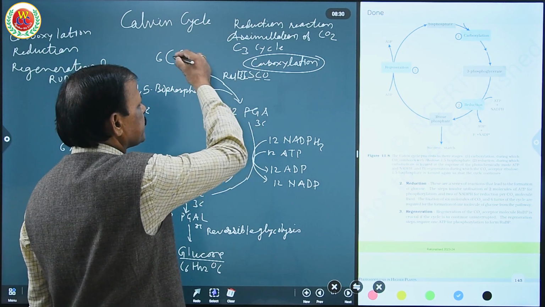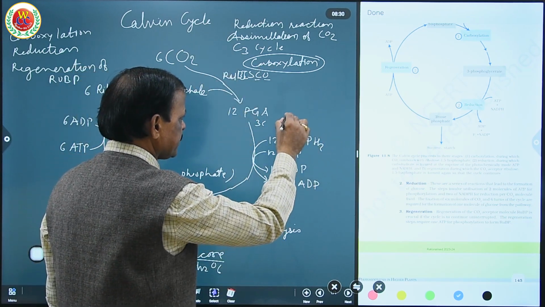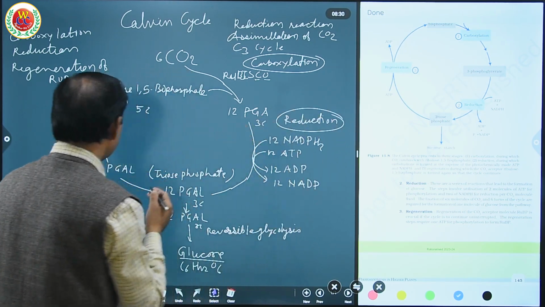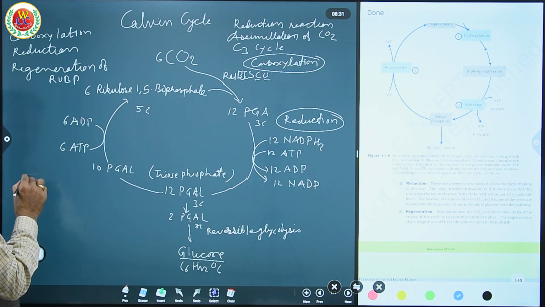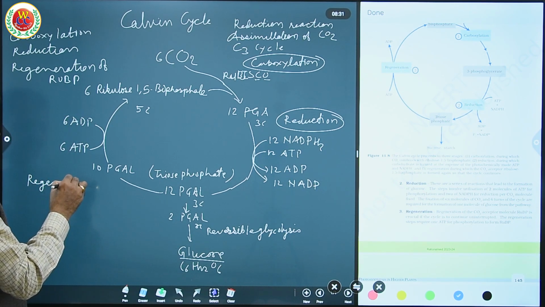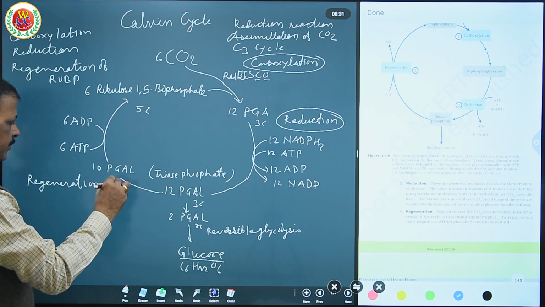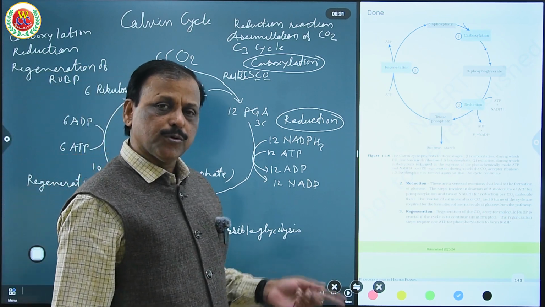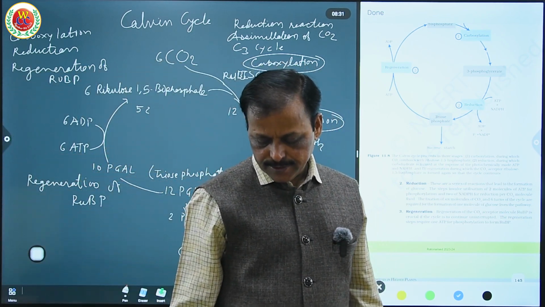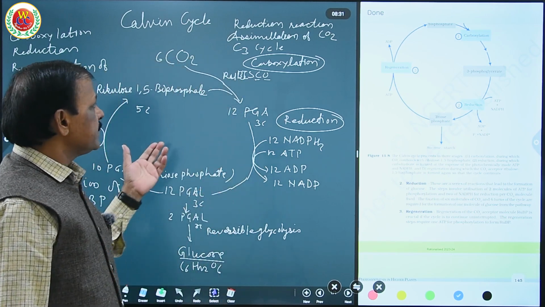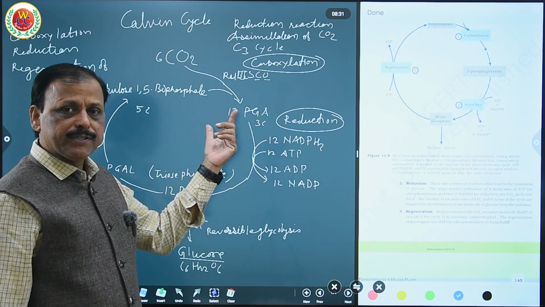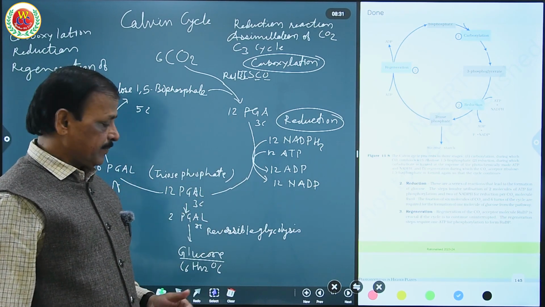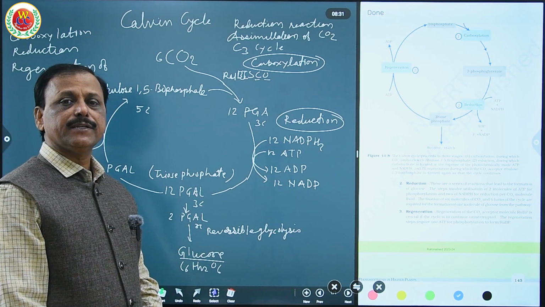So what we learn: carboxylation, then the second step is reduction, and the third stage is regeneration of RUBP, that is ribulose biphosphate or ribulose 1,5-biphosphate. So through this cycle it is very clear what Calvin cycle is, in which 3 major steps occur, and what the byproduct of Calvin cycle is: glucose.